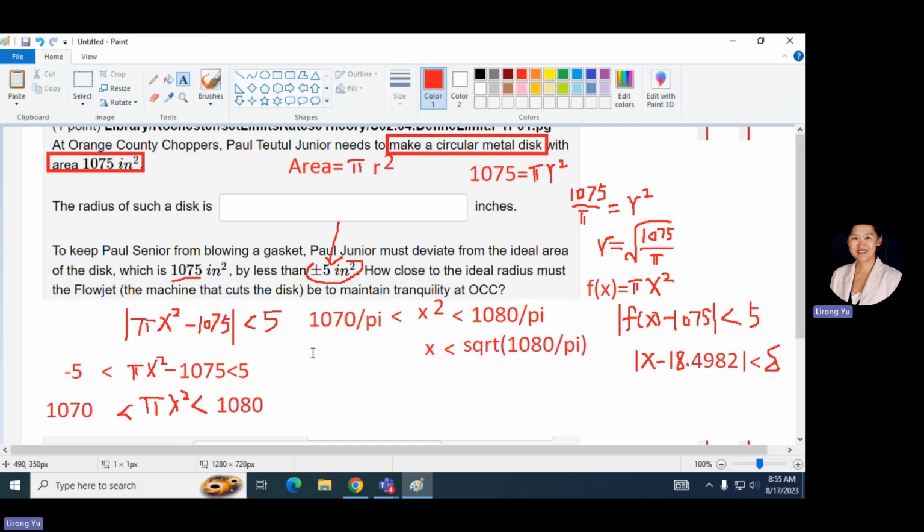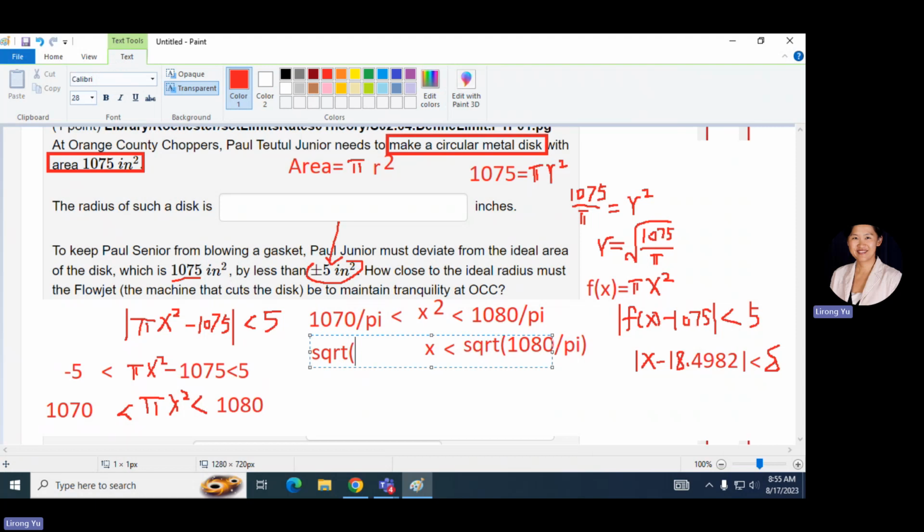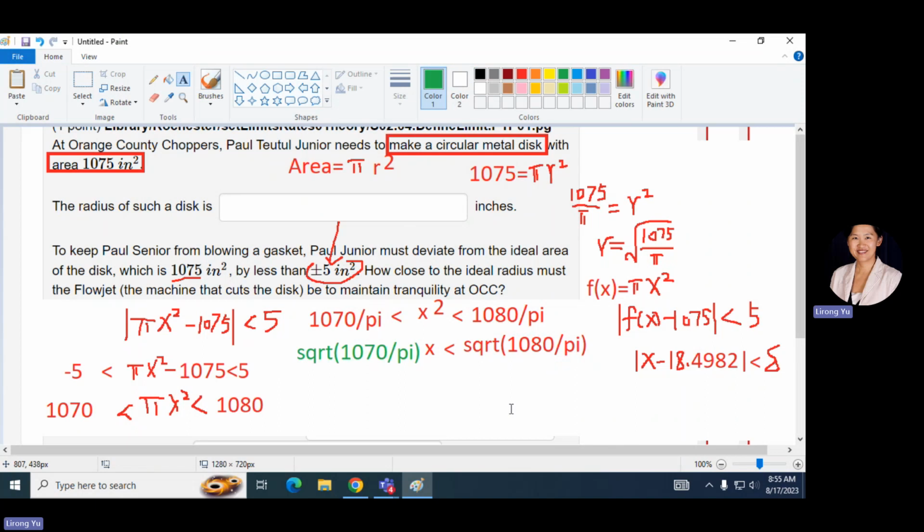And the other side is the square root of 1070 over pi. Running out of space. Are we okay? All right.